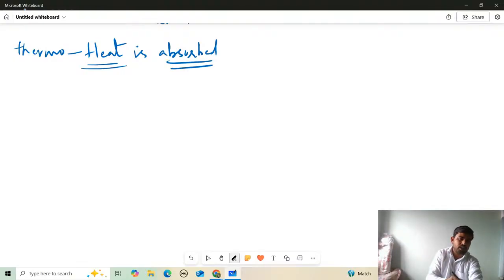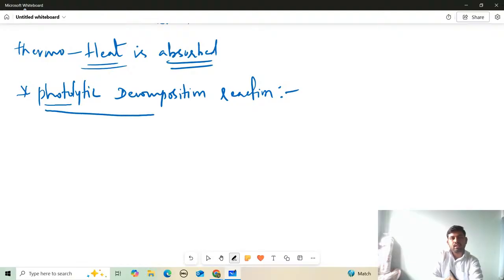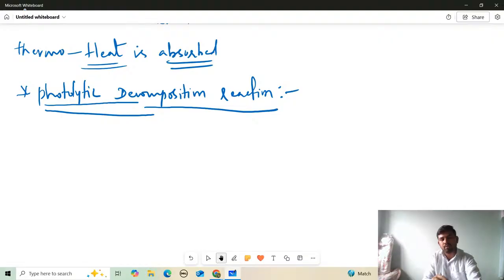The second type of reaction is called photolytic decomposition reaction. Here also a single reactant will produce two or more products on absorption of light energy.